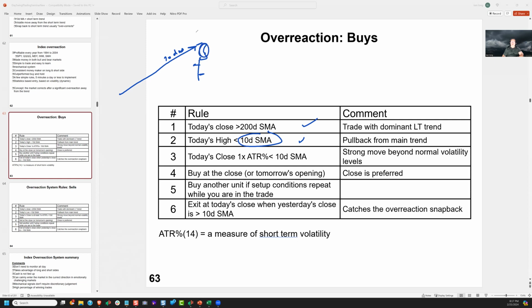Right? So it didn't start here and then cross down. No, it gapped down and then sold off all day. The close is more than 1 ATR percent below the 10-period moving average.